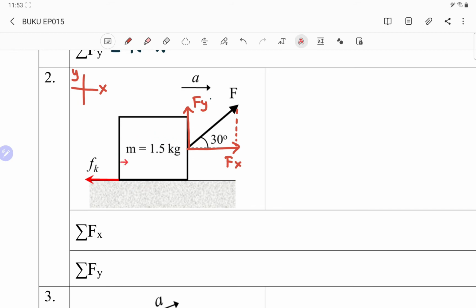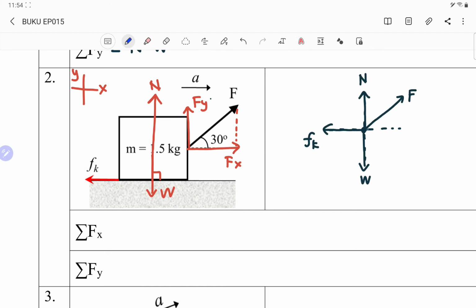And then this object has a mass, jadi dia ada weight going down. And then also this object is in contact with the surface, jadi dia akan ada normal force dengan surface, N. Okay, so for your FBD, kita kena transfer semua force yang kita dah labelkan. And don't forget the vector that we have resolved.